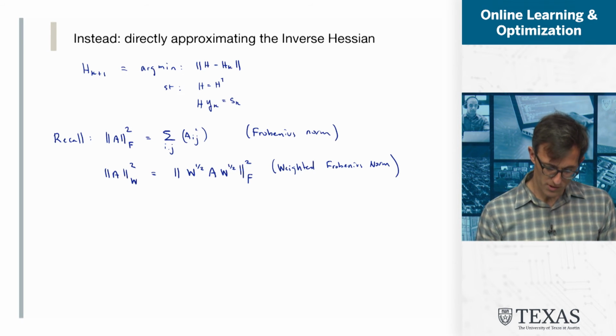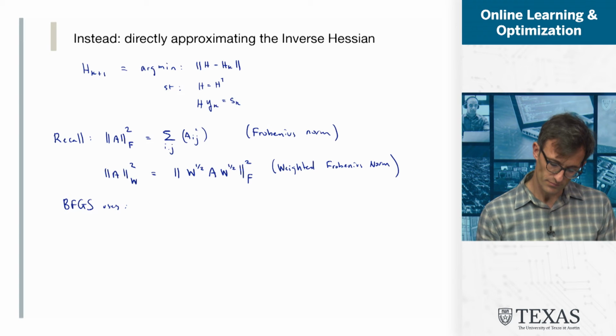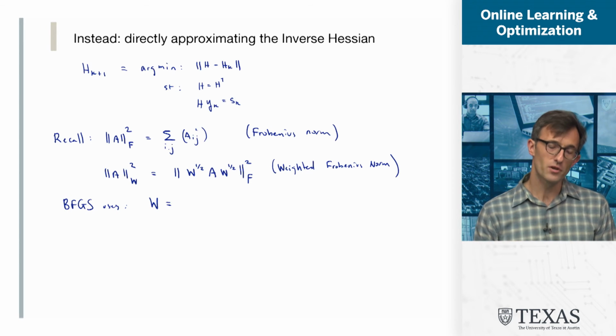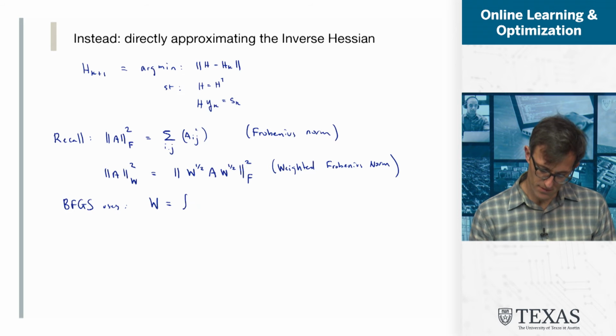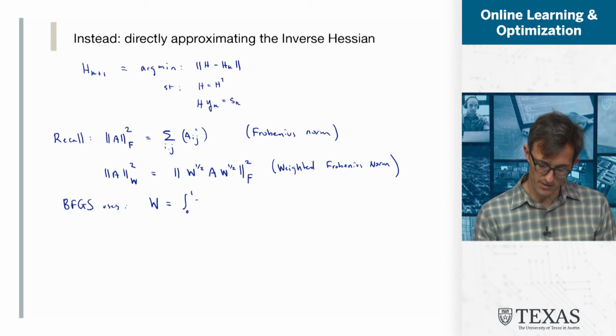So we're going to choose... BFGS uses W equal to an average Hessian: the integral from 0 to 1 of the Hessian of f at xk plus t alpha k dk dt.